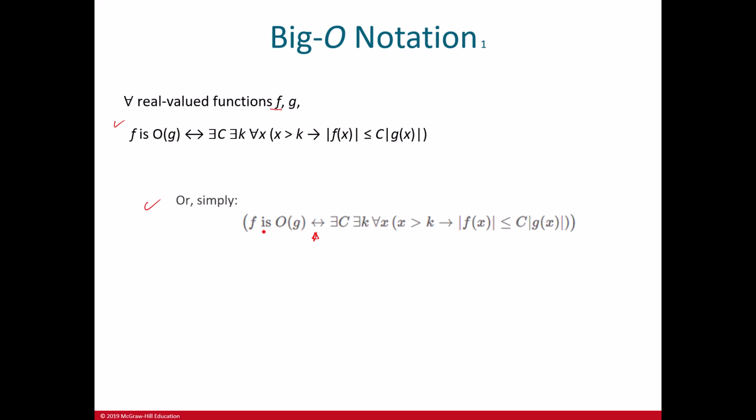So we say the function f is a big O of g if and only if, so what that means, if this is the case, then this follows, and if we know this, then it is the other way around. So here the definition says there exists a c and there exists a k, and for any x, if x is greater than k, then the inequality holds. All right.